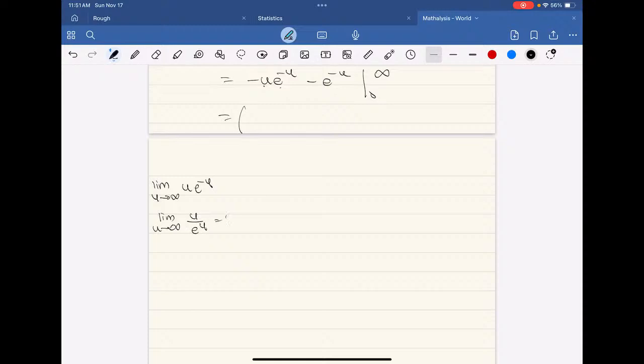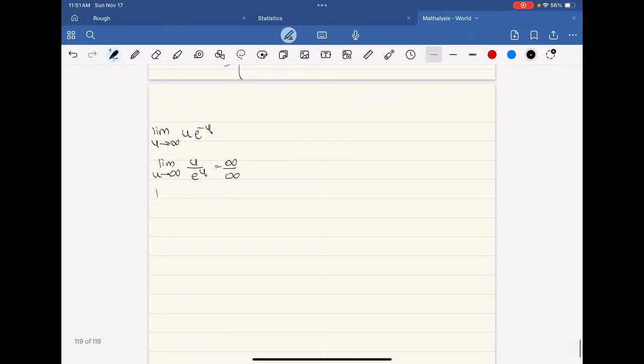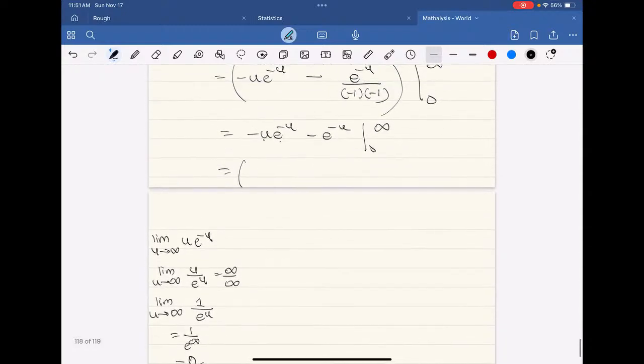Now this is in infinity by infinity form, so I can use L'Hopital's rule. If I differentiate both numerator and denominator, this will just be 1 by e to the power u, which is just 1 by e to the power infinity, which is just 0, right? So at infinity, this ambiguous expression is just 0 from the limits.